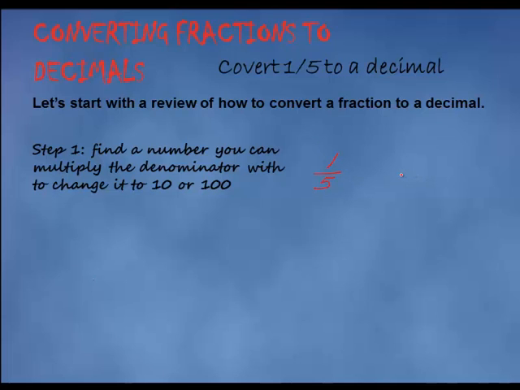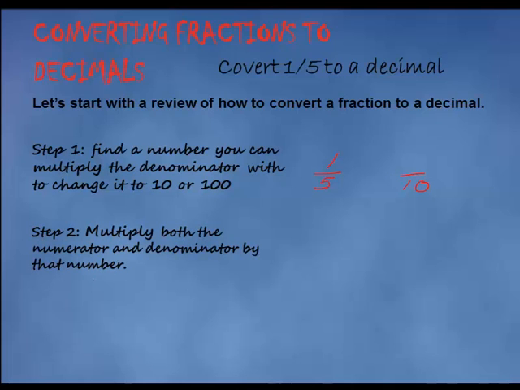We want the denominator to become 10, 5 to become 10. Step 2, multiply both the numerator and the denominator by that number. 1/5, we said we're going to multiply it by 2. Here's our denominator. Here's our numerator.